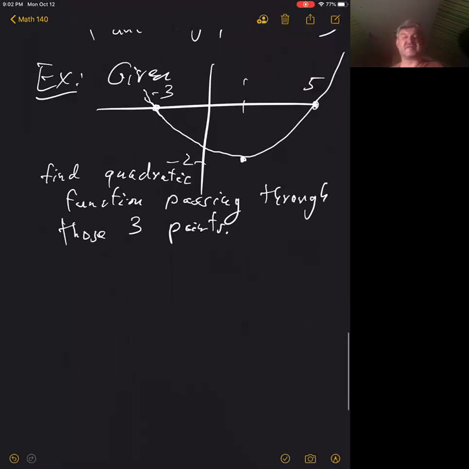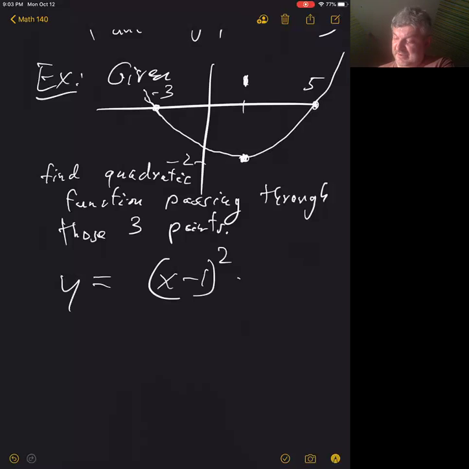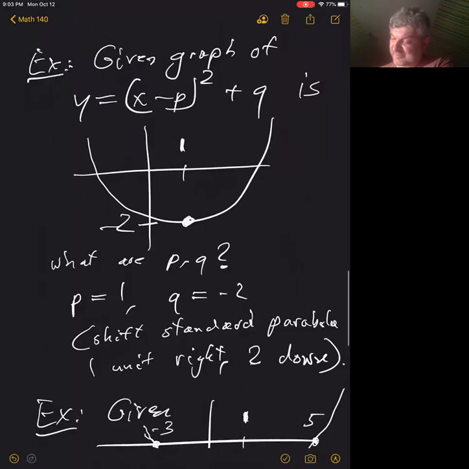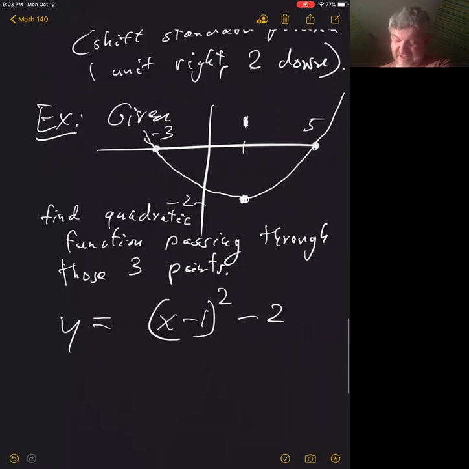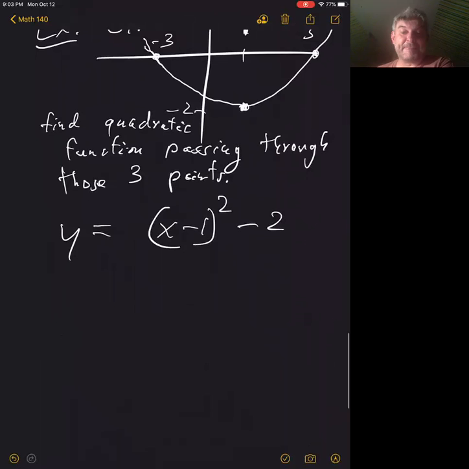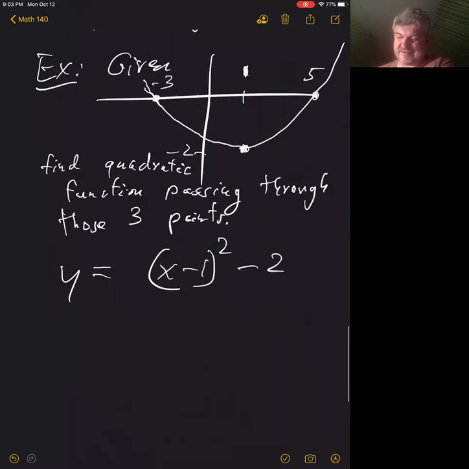So what's the same as in the last example? It's that special point, x coordinate 1, y coordinate -2. And to get there, you've got to have the same shape. So y is (x minus 1) quantity squared minus 2, just like before. But now we also want to pass through those other points.